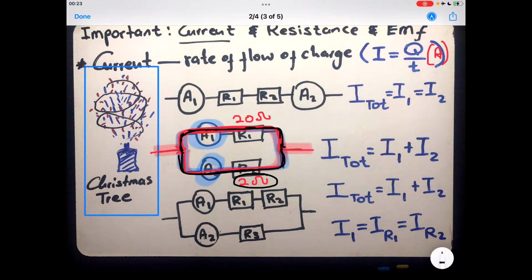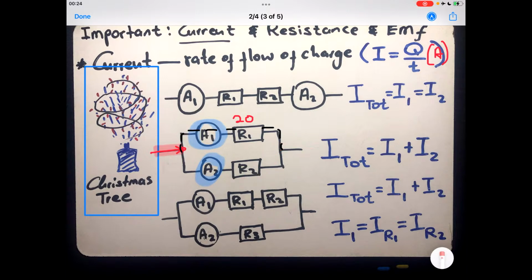So this will help you in a situation where you need to understand on which side you are going to have more current. So more resistance, less current. Less resistance, more current.